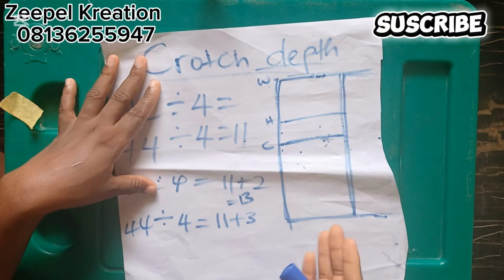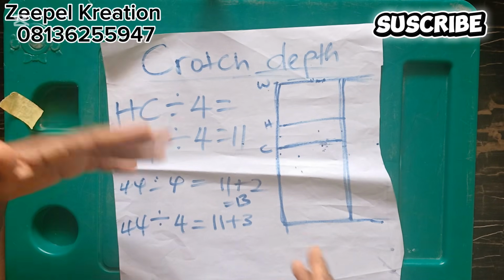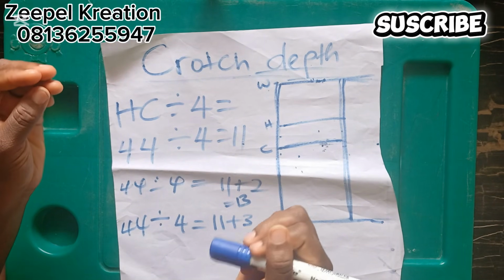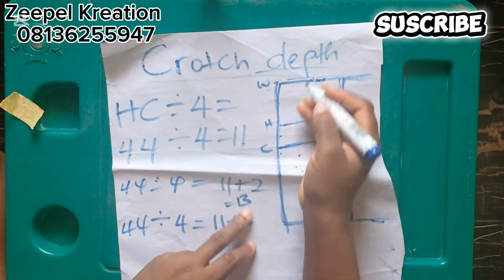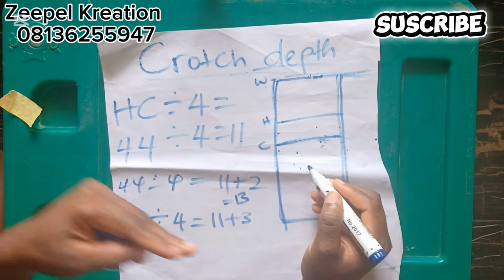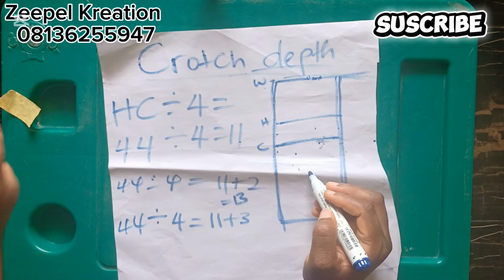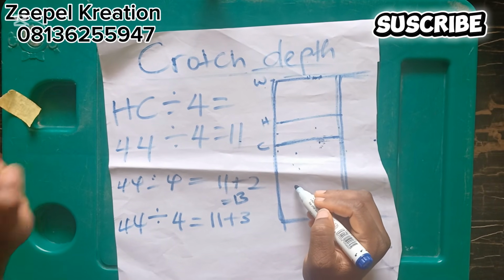So 3 to 4 inches. 11 plus 3 inches is 14 inches. 11 plus 4 inches is 15 inches when you're working with a jumpsuit. So I will mark 14 inches for my jumpsuit, or 11 plus 4, I'll mark 15 inches for my jumpsuit. That is for the crotch depth.